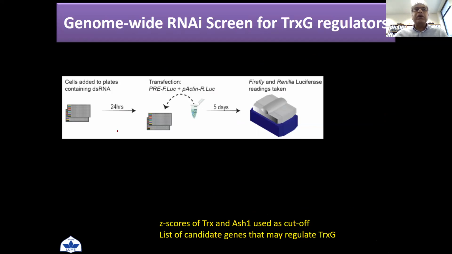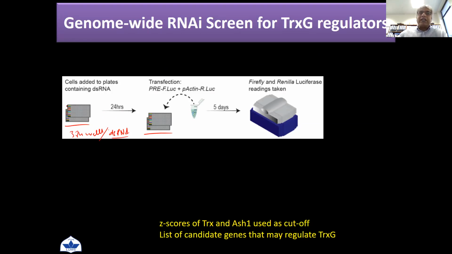We then did a genome-wide RNAi screen in a high-throughput manner. We used 384-well plates, and each of the double-stranded RNAs was spotted in wells in triplicates. Then we added Drosophila cells.